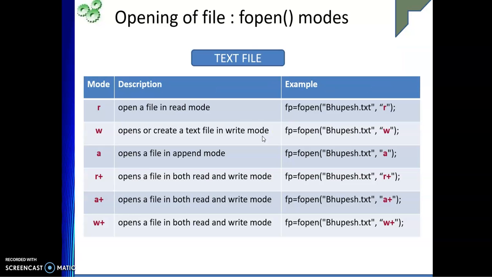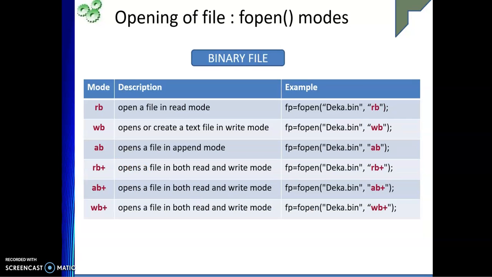Then we have seen the modes for both the text file and the binary file. We have r, w, a, r plus, a plus, and w plus. R for opening in read mode, w for write mode, a for append mode. If you put a plus sign, we are opening for both read and write.